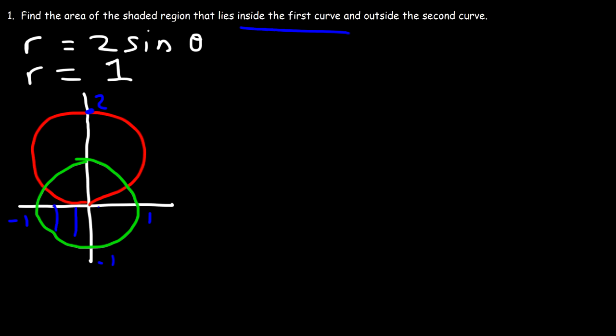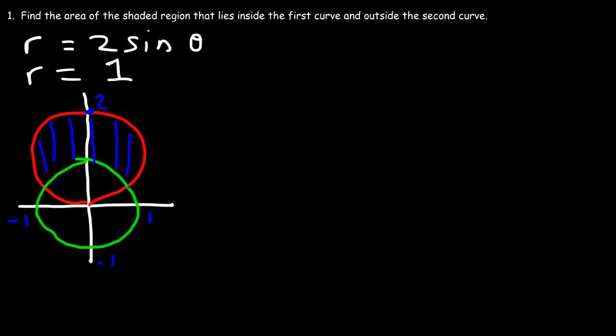So it's not this region here, because that's outside the first curve, which is the red curve. It's inside the first curve, but outside of the second. It can't be here because this is still inside of the second curve. So it has to be this region. It's in the first curve, but it's not in the second curve. So how can we find the area of that shaded region?